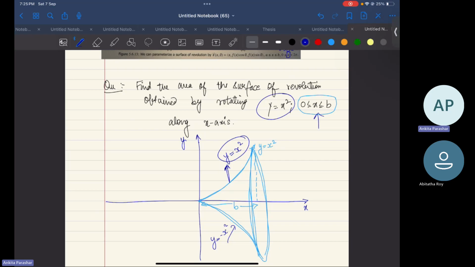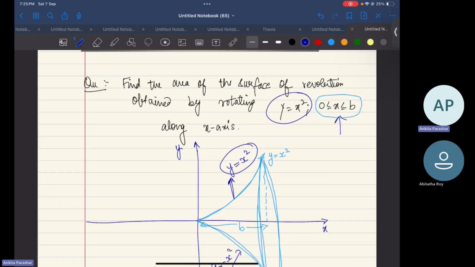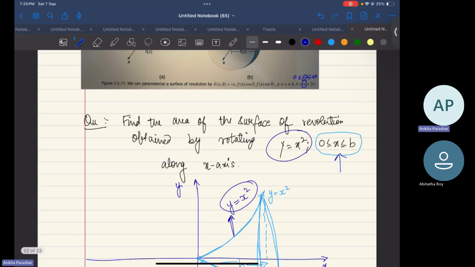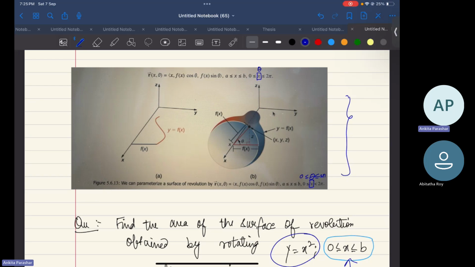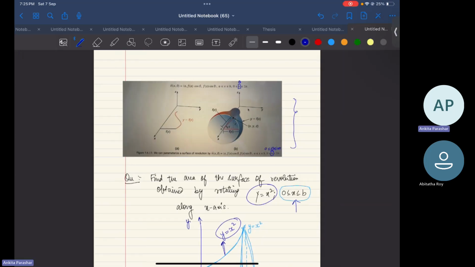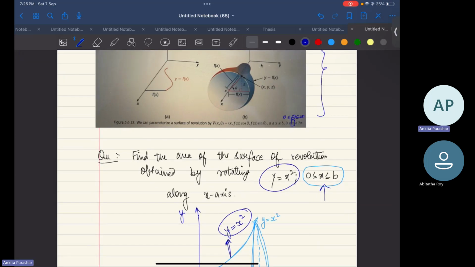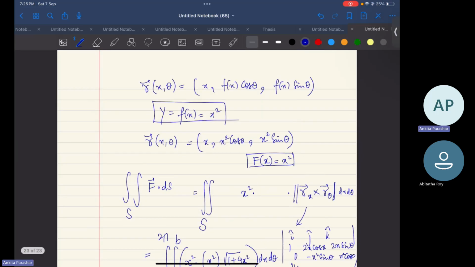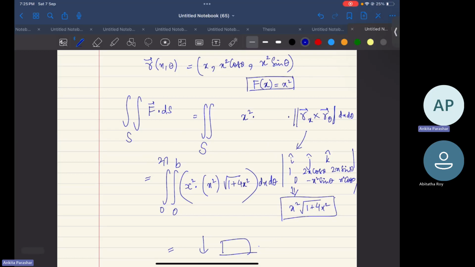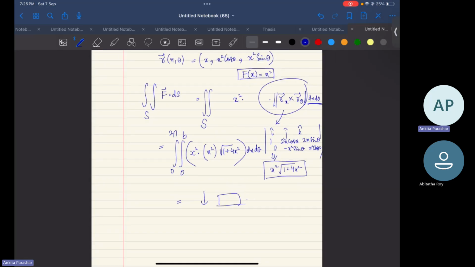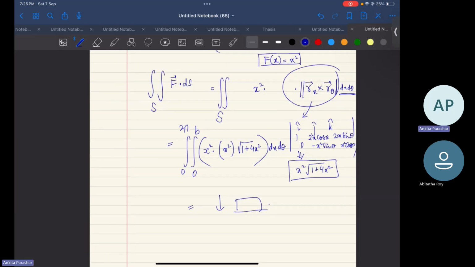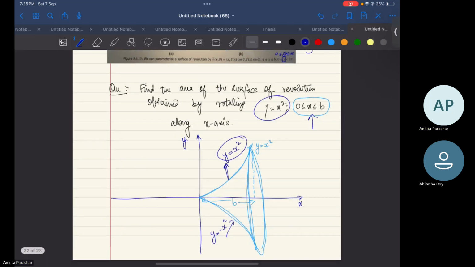But we know how to parameterize a surface given by a certain curve. If I have to revolve a curve and find a surface, this is the way. I just got the coordinates for the surface. Once I have the parameterization, I will use that formula: F dot dS is the parameterization times dx d theta, and I simply compute the integrals, which gives me the surface integral. Does it make sense?